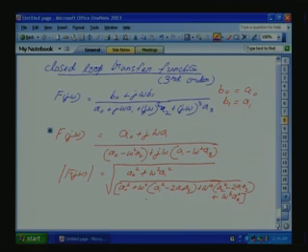From this, one condition is already said, B0 is equal to A0 and B1 is equal to A1. Now the next conditions are A1 square is equal to 2 A0 A2 and A2 square is equal to 2 A1 A3.